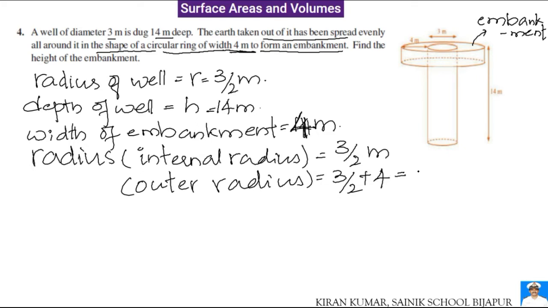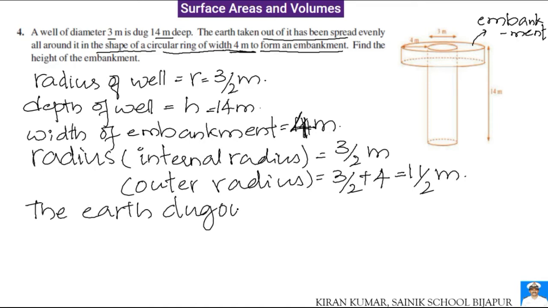We'll be getting it as 11 by 2 meters. Now, according to the question, the earth dug out will be equal to the volume of the embankment.